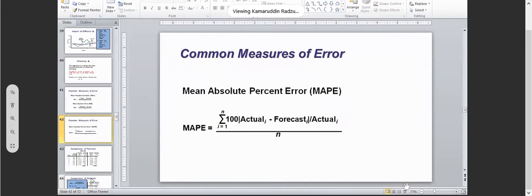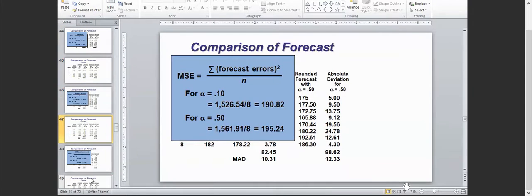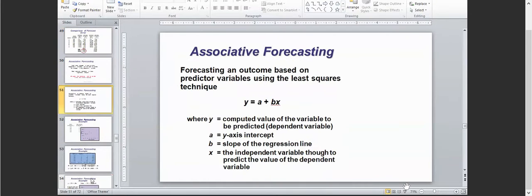So we already discussed measuring error in the forecast, and we will start a new subtopic under forecasting, which is associative forecasting.